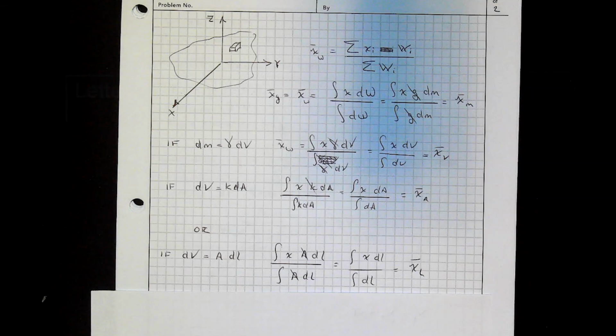Well, that's this. dV equals this constant area times dl, the third dimension. The a's cancel, so I have a center of length. All the same equation as we originally had. It's just we're evaluating it at an infinite number of differential points. Okay? Next time, we'll start putting this to use.